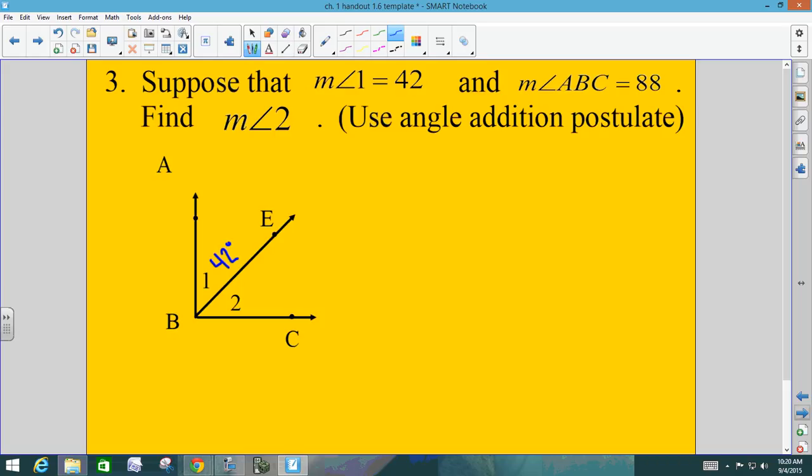And the measure of angle ABC is 88 degrees. I'm going to put the big curve, because then I know I'm talking about all of that. If you just put an 88 inside angle 2, how are you going to know if it's angle 2 or the whole thing? Make sure you're labeling clearly there. We need to find the measure of angle 2, and it says to use the angle addition postulate to do so.